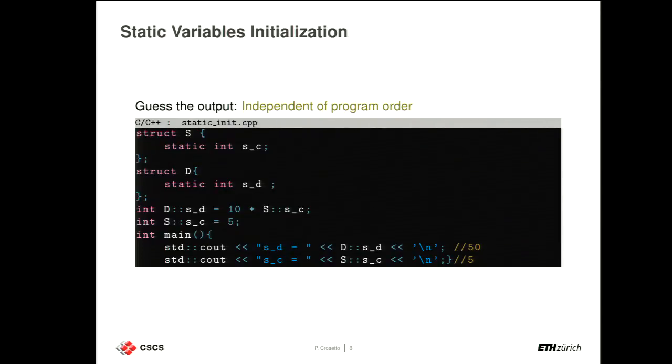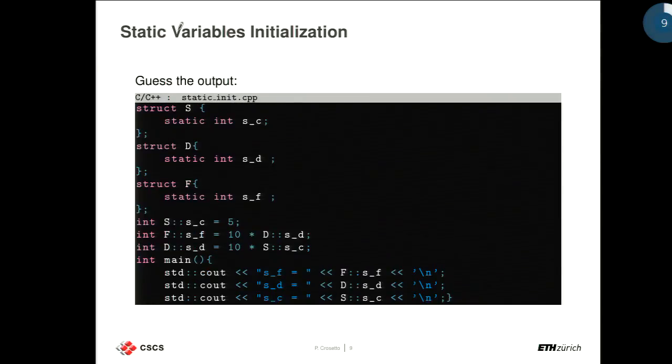So we try to extend the examples with 3 structs, where the first one is initialized with 5, and the second one depends on the first one, and the third one depends on the second one, or well, the other way around. So what happens here?